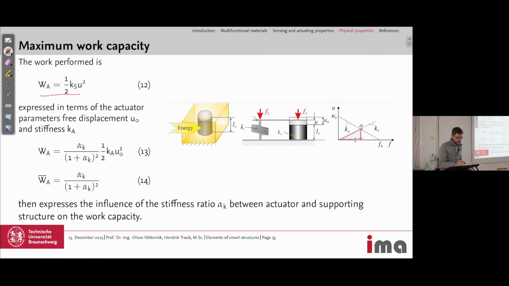You can also express this in terms of the stiffness ratio alpha K again, and then you have this equation for the work capacity, or the maximum work performed, which depends on properties of the actuator, the spring stiffness of the actuator and the free displacement, and the stiffness ratio alpha K between the structure and the actuator. The part in front we could also name as WA with an overline.